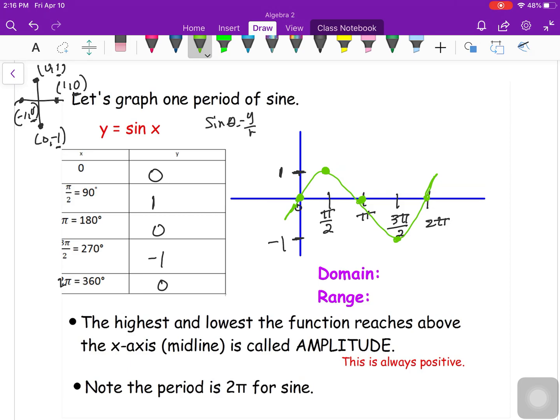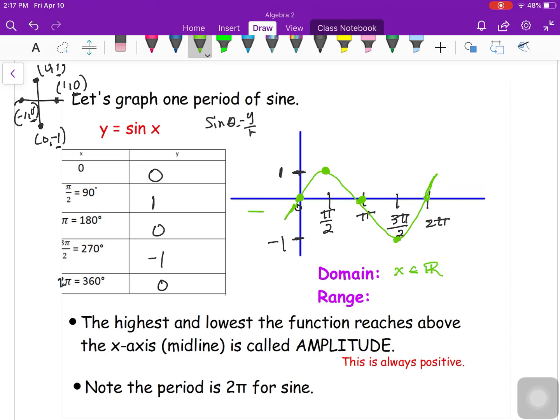So our domain for sine on this x-axis is x is all reals. Because when I go to the left or I go to the right, I am using the entire x-axis in this cyclical function. The range are my y's.